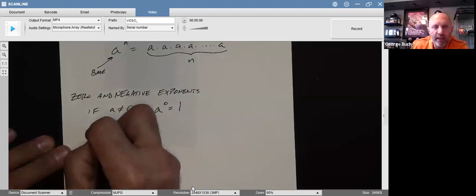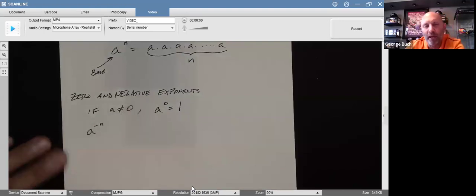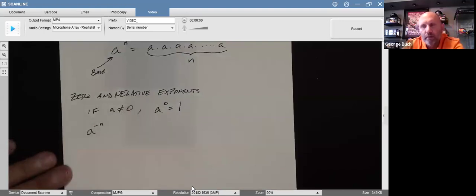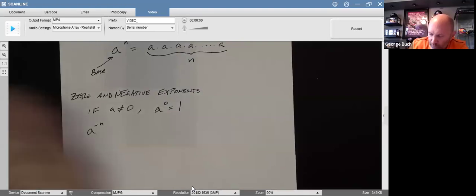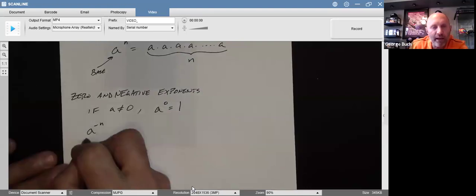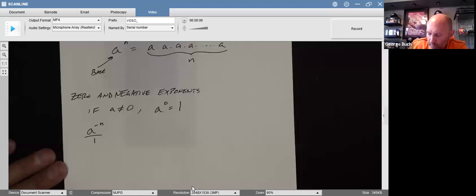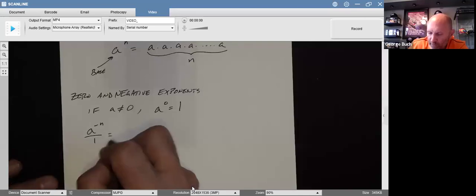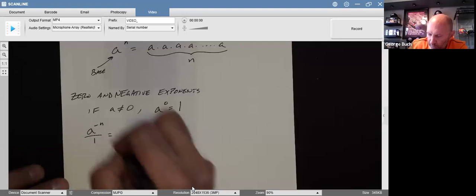And then if we have a negative exponent, so this is bad news. We never want to leave an answer that has negative exponents. So on a test, if it says simplify this, do not leave a negative exponent. To get rid of this, it's really like A to the minus n over 1. And so what we can do to make this positive is just bring this guy down into the denominator.